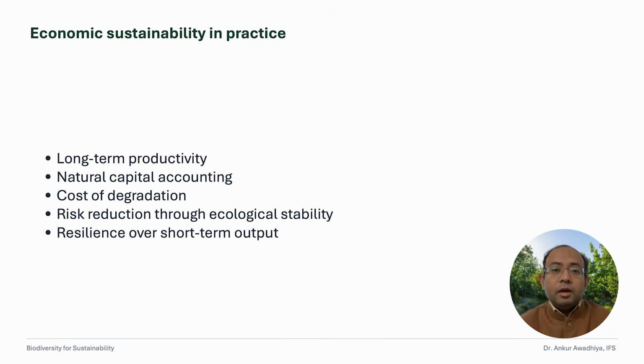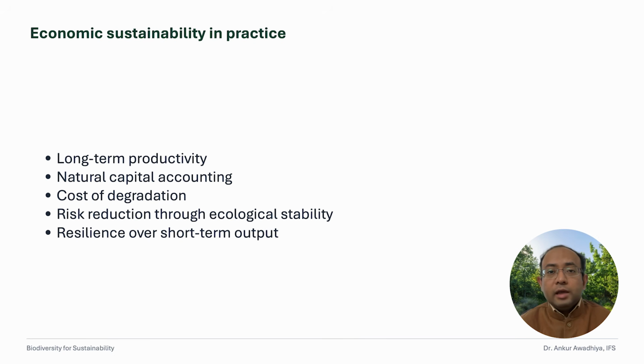In practice, economic sustainability includes long term productivity, natural capital accounting, the cost of degradation, risk reduction through ecological stability, and resilience beyond the short term output. Natural capital accounting means recognizing that nature is not free in any real sense.